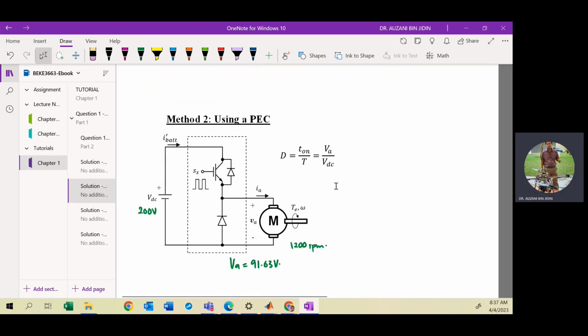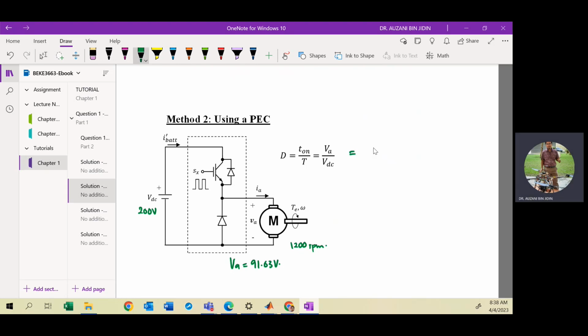Okay, then method number 2. To obtain the same desired speed, 1200 RPM, your VA must be the same as method number 1. In order to step down the voltage, you have to calculate the desired duty ratio.